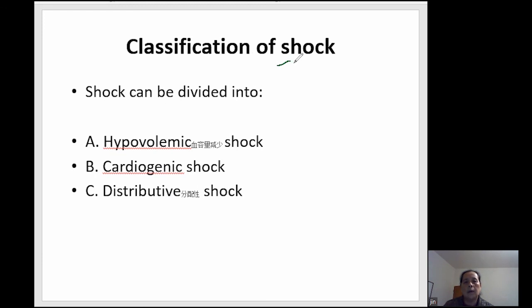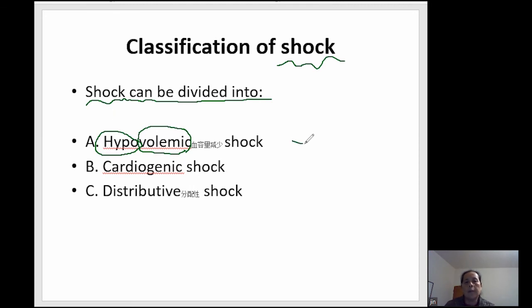Shock is still not an illness name, still a pathology process or change. Shock can happen for different reasons. One reason is decreased blood volume. Hypo is the medical word for low, and hyper is high, so don't confuse these two words.